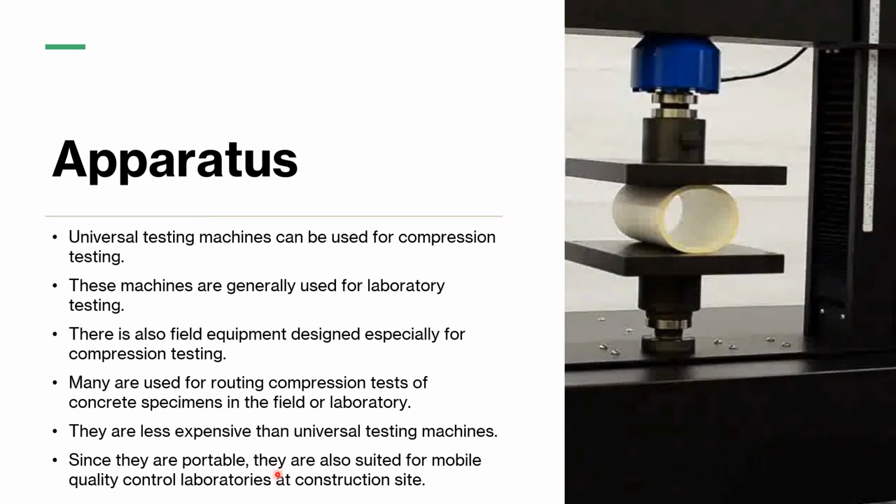Quality control labs usually go around a construction site, and sometimes the company owns them, but most of the time you hire consultants or a quality control company separately, and they go around and do this testing for you. Okay.